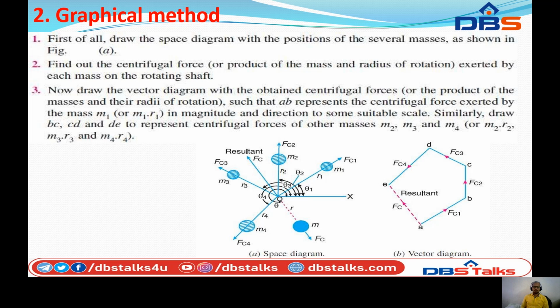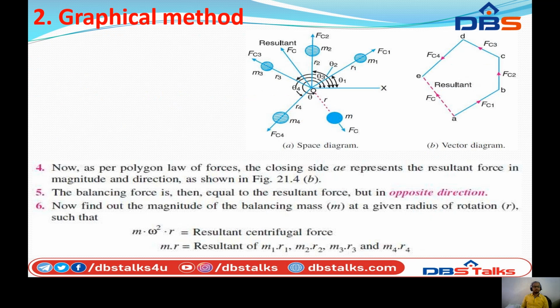By simply drawing lines parallel to the existing space diagram, you carry them forward to the vector diagram in connectivity. Finally, the balancing mass is equal to the resultant force, but in the opposite direction, so the final balancing mass magnitude is m r.